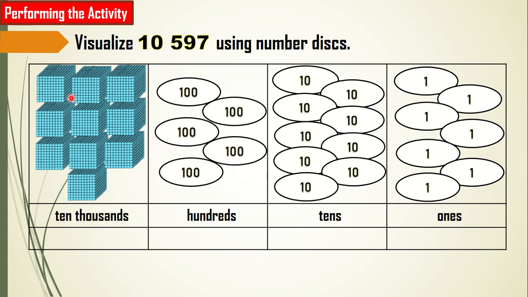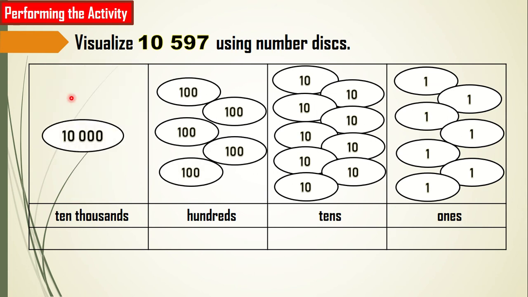Visualize 10,597 using number disc. How many 10,000 discs do we have? We have 1 10,000 disc. 1 10,000 disc is equal to 10,000. How many 100 discs do we have?